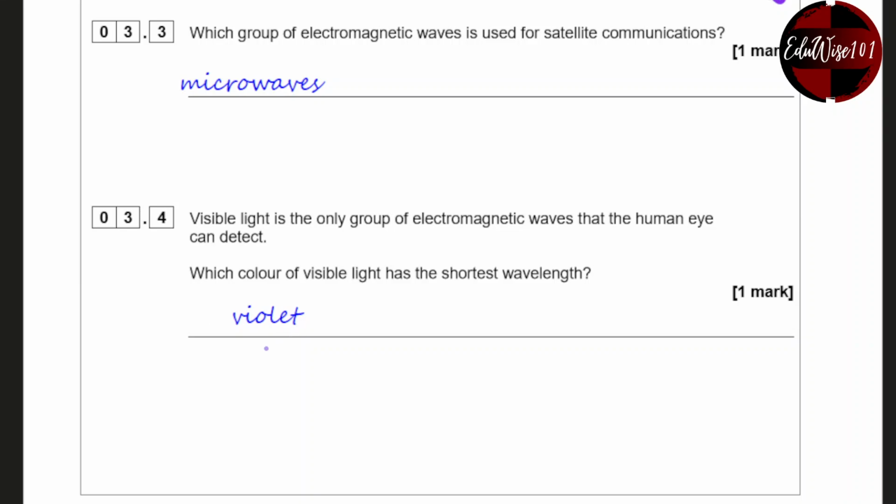So the longest wavelength, on the other hand, is red color. Right?